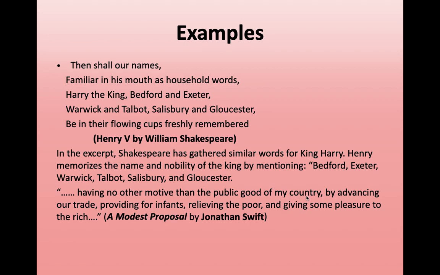The public good of my country has to deal with advancing trade in the East, whereas in England there are infants who are not provided for, poor people who are not relieved, and rich who are indulging in pleasure. The list means more than that, and this is the figure of speech called accumulation.